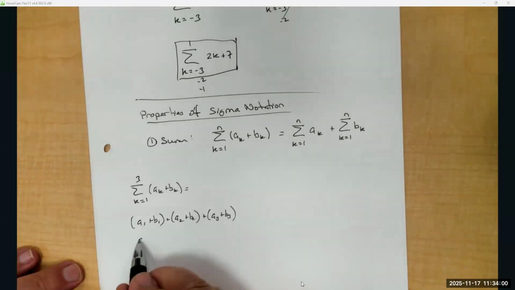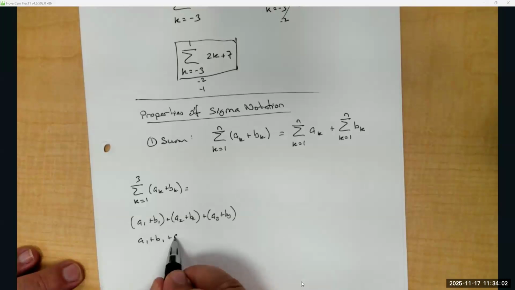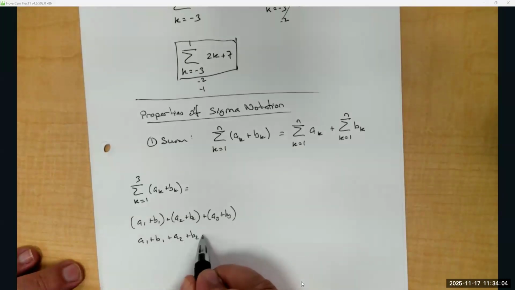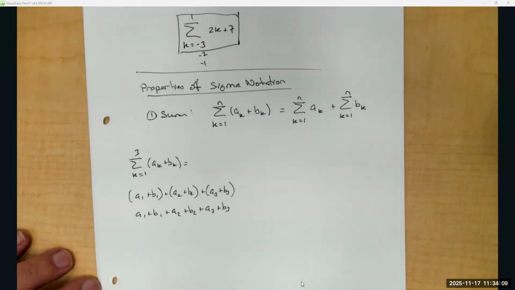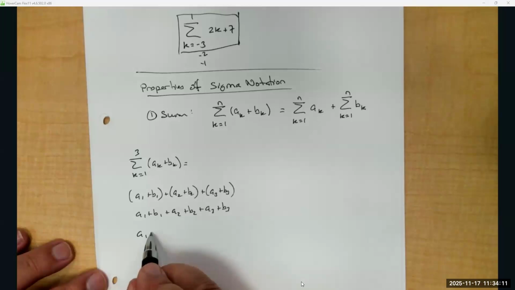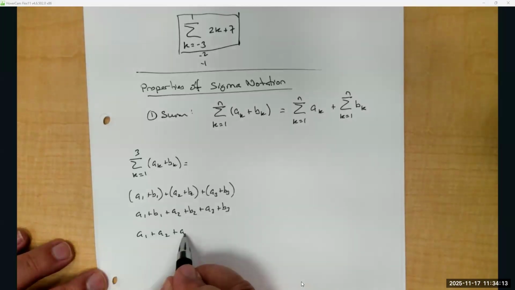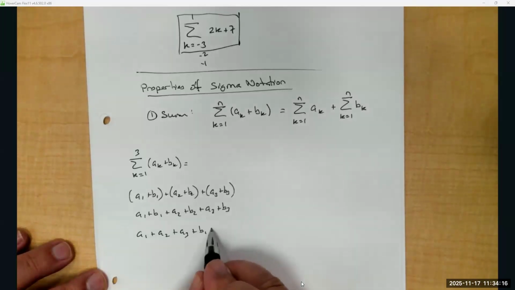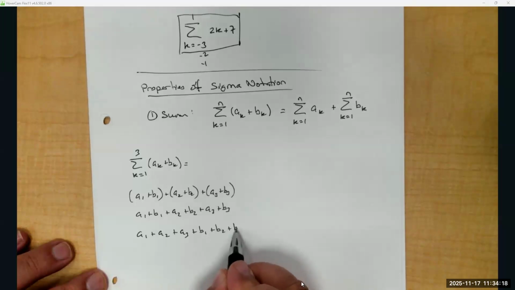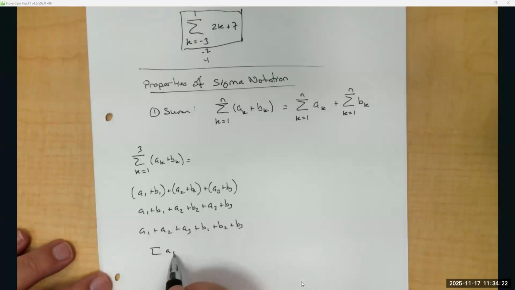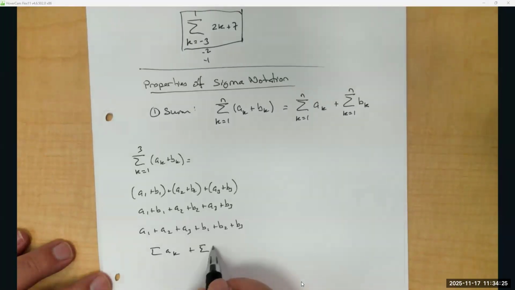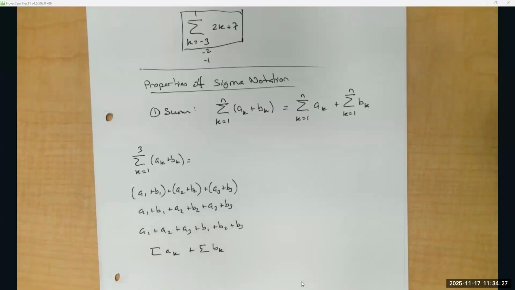I don't need the parentheses. By the commutative property, I could put all the A's together and then all the B's together. So that's why I have those separately. It's the same with all of them. It's by using the commutative and associative properties.